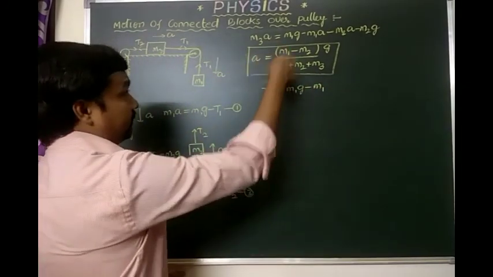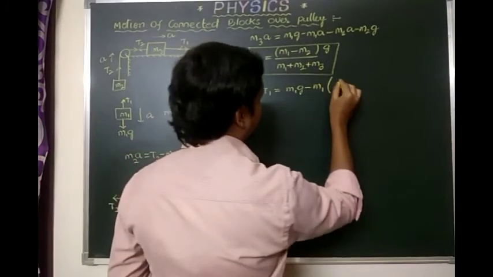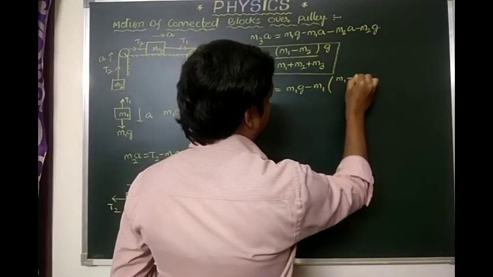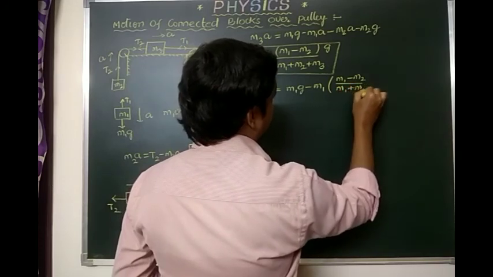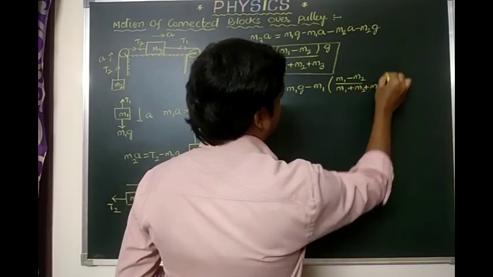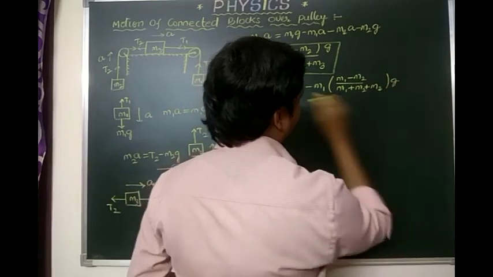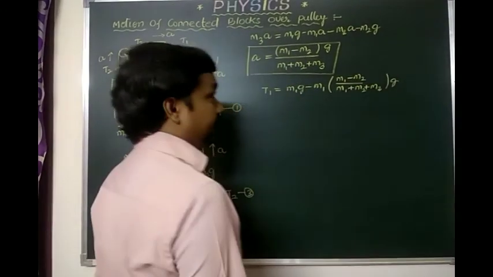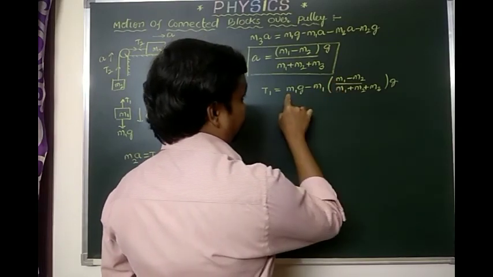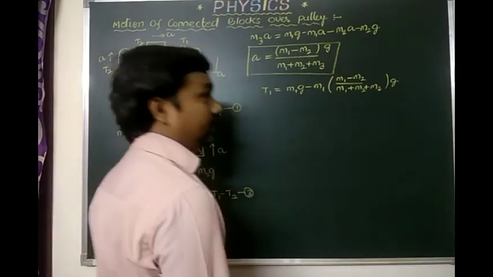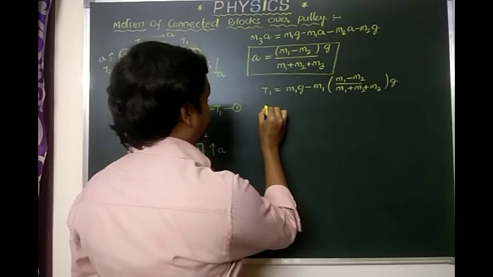A is nothing but M1 minus M2 divided by M1 plus M2 plus M3 into G. From these, G is common again. Here M1 square will be there, and here also M1 square will be there, so they get cancelled.